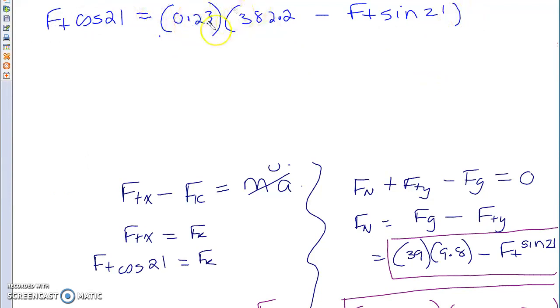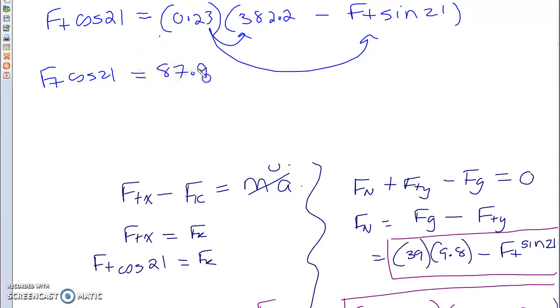All right, can we multiply 0.23 with these two? So you end up with Ft cos of 21 equals, what's 0.23 times 382.2? 87.91 minus 0.23 times Ft sine of 21.